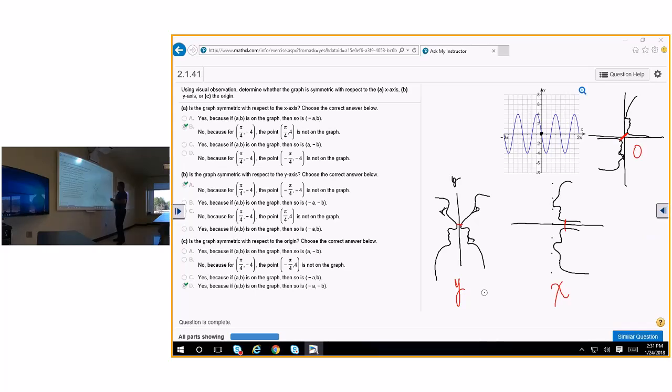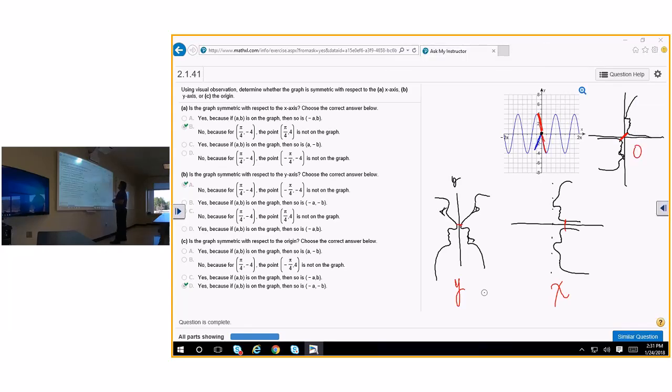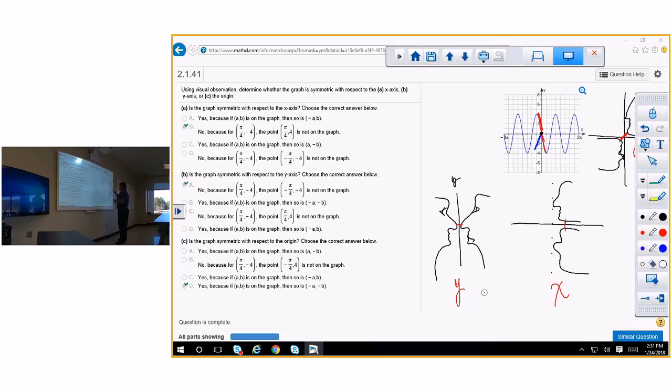So let's just take, for example, these two pieces right here. They are reflective around the origin. If they were reflected around the y-axis, this is what it would look like. I mean, the x-axis, that's what it would look like if it was reflected around the x-axis. If it was reflected around the y-axis, it would look like this.